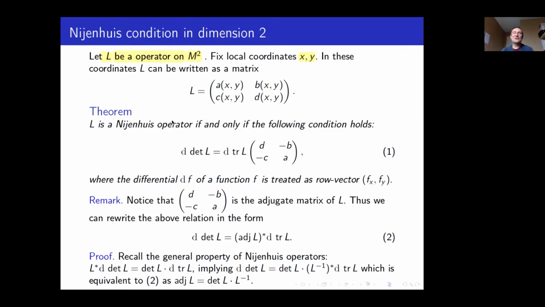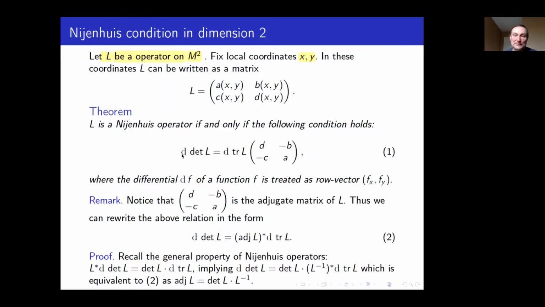So here is the theorem. L, this operator with 4 entries A, B, C, and D, is a Nijenhuis operator if and only if the following vector relation holds.